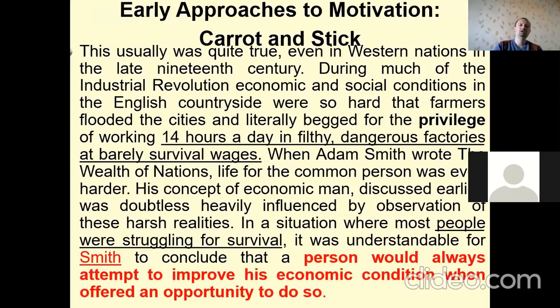Then the situation, I mean, the economical and political situation became better. People tried to improve their economic conditions. They looked for better conditions of life, and that's why they looked for the better salary.